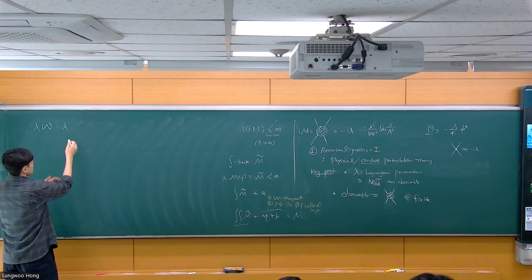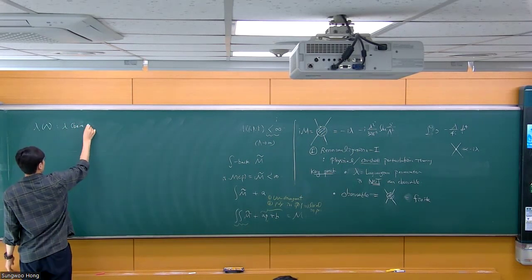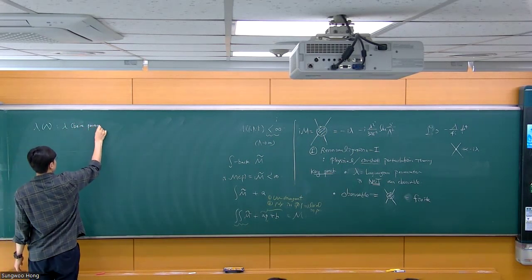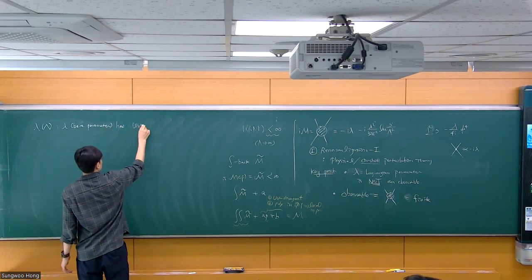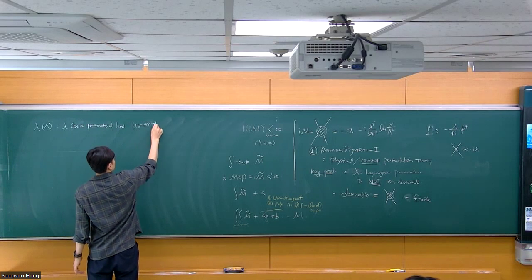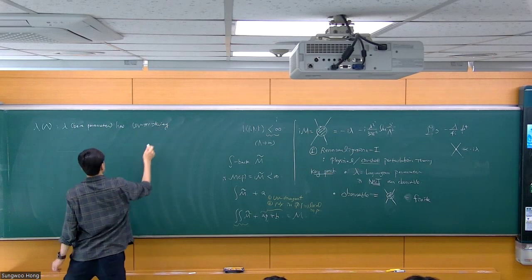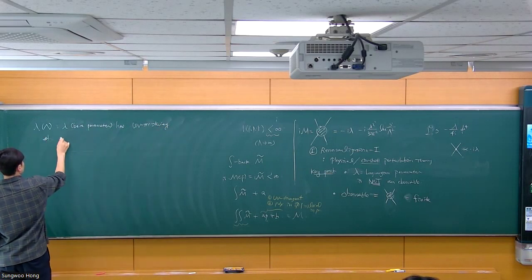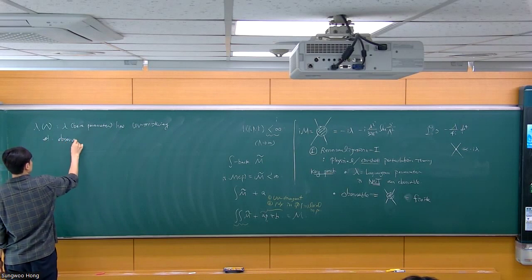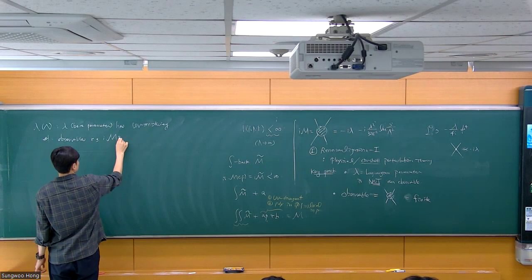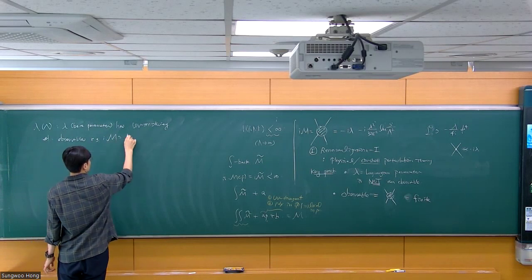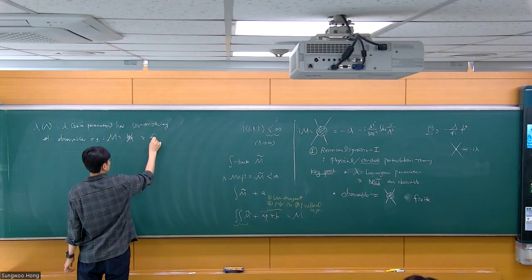So therefore, lambda, the bare parameter, usually called the bare parameter or Lagrangian parameter, has UV sensitivity such that observables, for example, that thing, is finite.